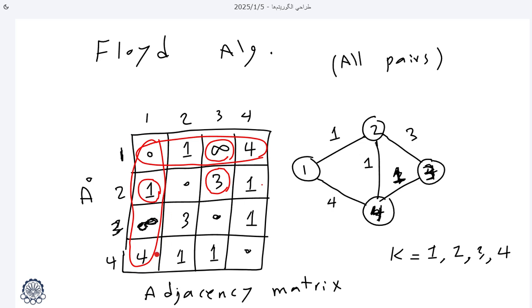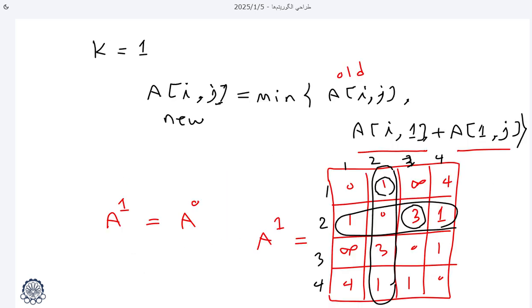So we consider column one. The value of A 1 j is in row one. So we consider row one, the first row, and the first column.